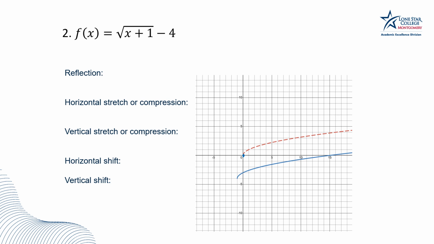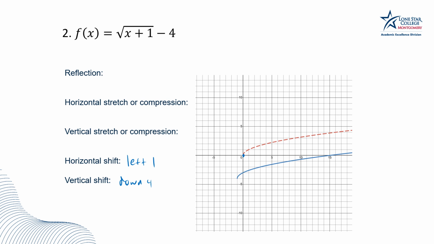What that plus 1 does on the inside is a horizontal shift, so it's being shifted left 1, and the minus 4 is being shifted down 4. So that 0, 0 is, just like before, what we can call your anchor point. It's not a formal way to do it, but it's a good way to see how your graph's being shifted. So that anchor point is being shifted left 1 and down 4.